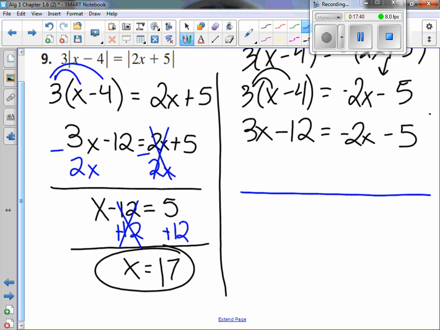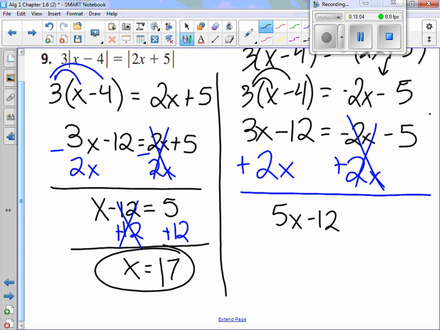Now we can almost do the exact same steps as we did over on the other side the first time, but I can't subtract 2x this time. What do I have to do? We have to add 2x, because this time the 2x is negative. These will cancel because negative 2x plus 2x is 0. 3x plus 2x is now 5x.